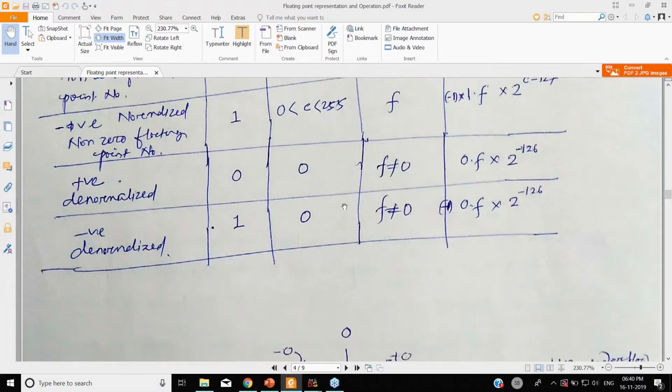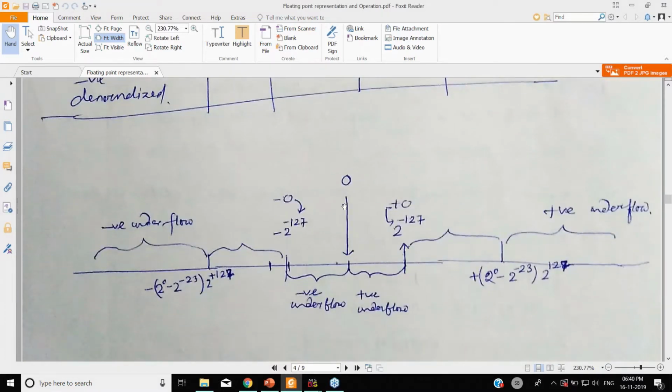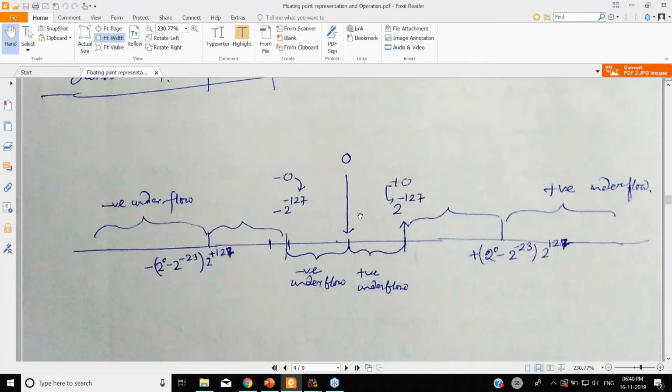Now look at this timeline of floating point numbers. Can you represent 0 here? If we use this IEEE representation, there is an explicit notation for 0.